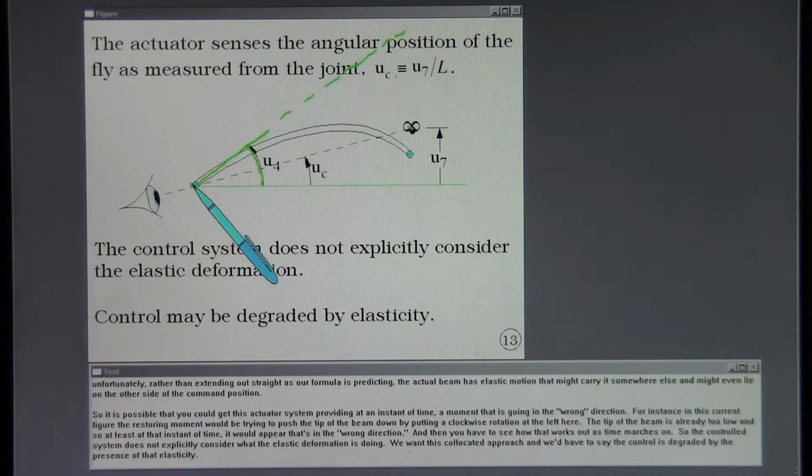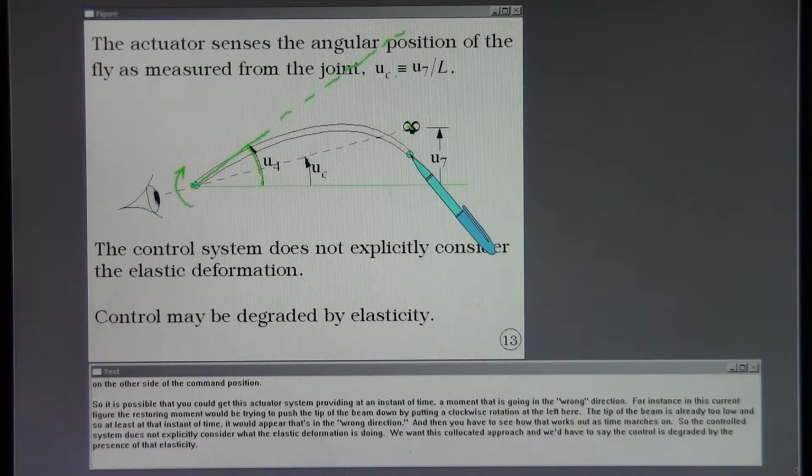For instance, in this current figure, the restoring moment would be trying to push the tip of the beam down by putting a clockwise rotation at the left here. The tip of the beam is already too low, and so at least at that instant of time, it would appear that's in the, quote, wrong direction. And then you have to see how that works out as time marches on.